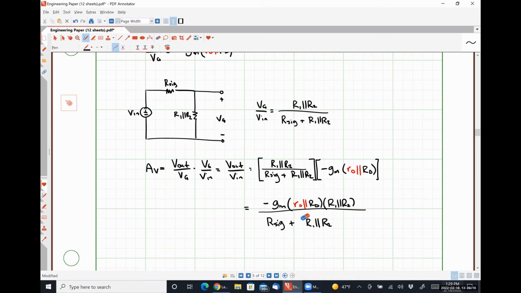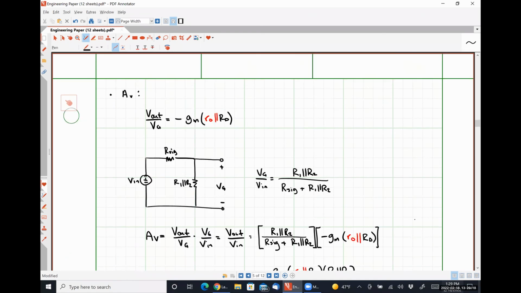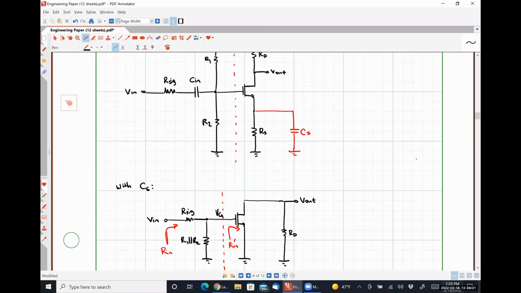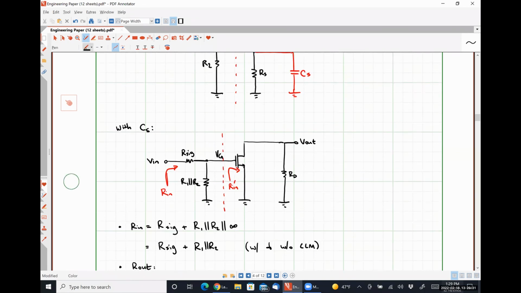Effectively, if this capacitor CS were not here, that would put that resistor RS in, and all of our details would do the exact same thing, except we would treat the right-hand side like a common source amplifier with source degeneration.